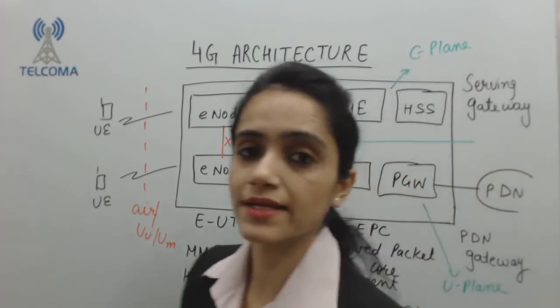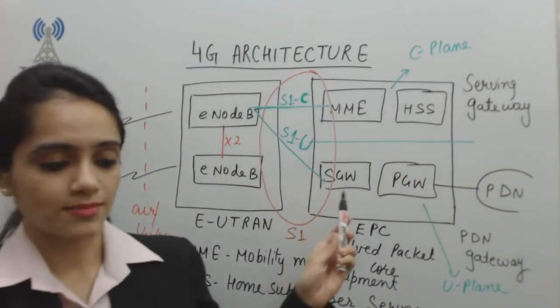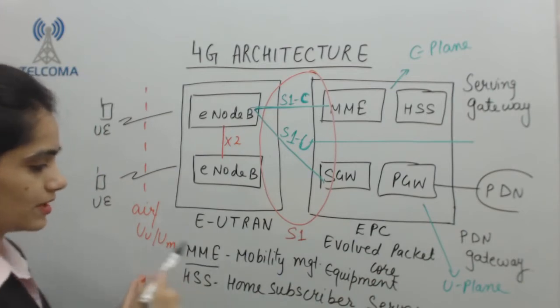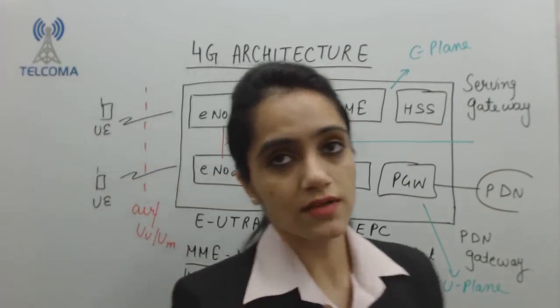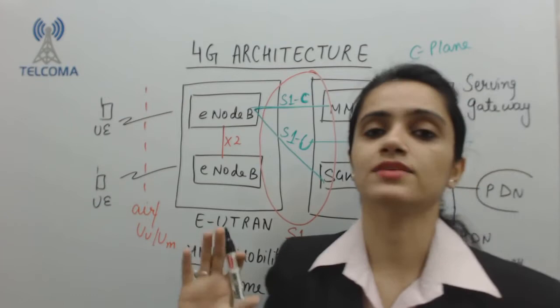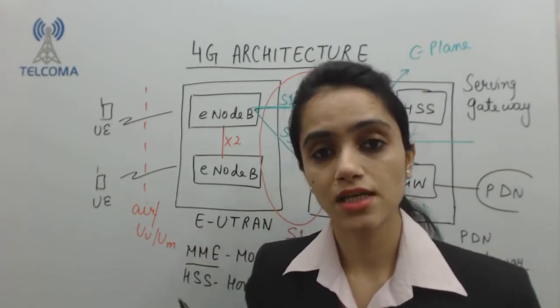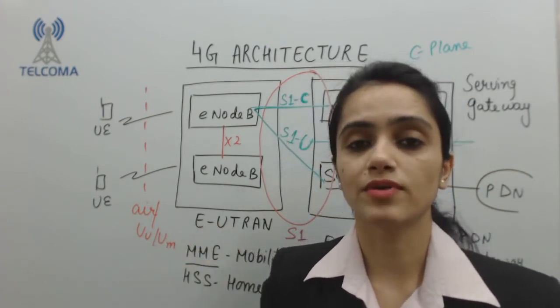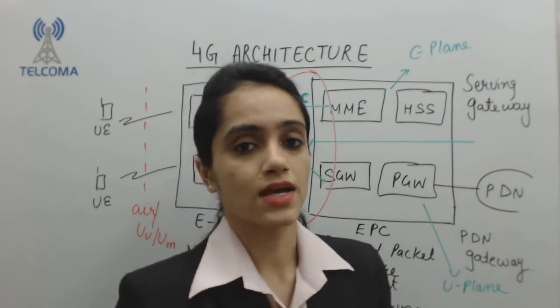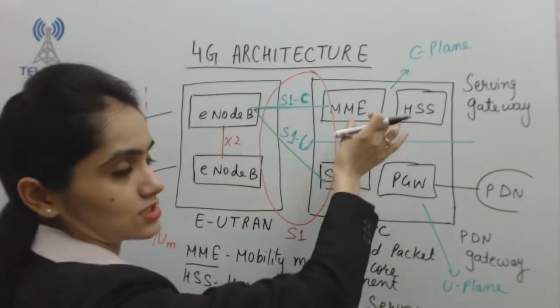Now let's talk about the entities in the core network. So MME is the mobility management entity. This entity has to deal with the mobility of the user as well as the authentication. That means it is one entity which performs the function of VLR as well as the authentication center.